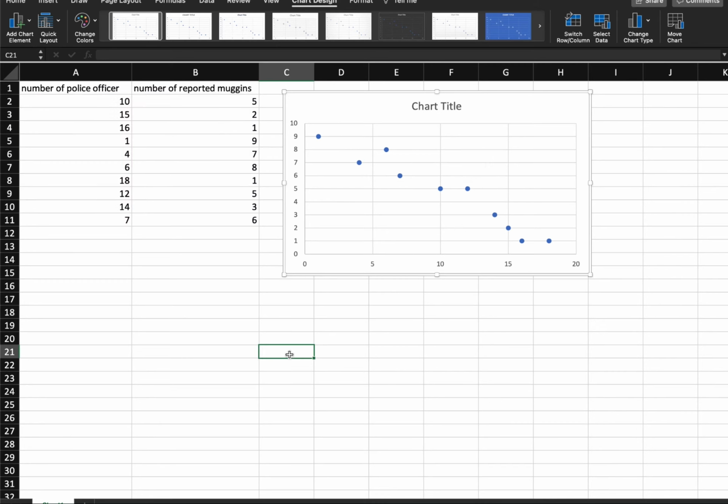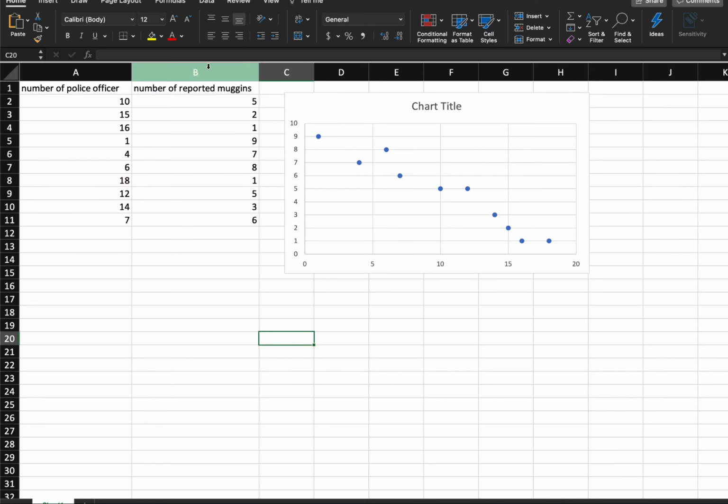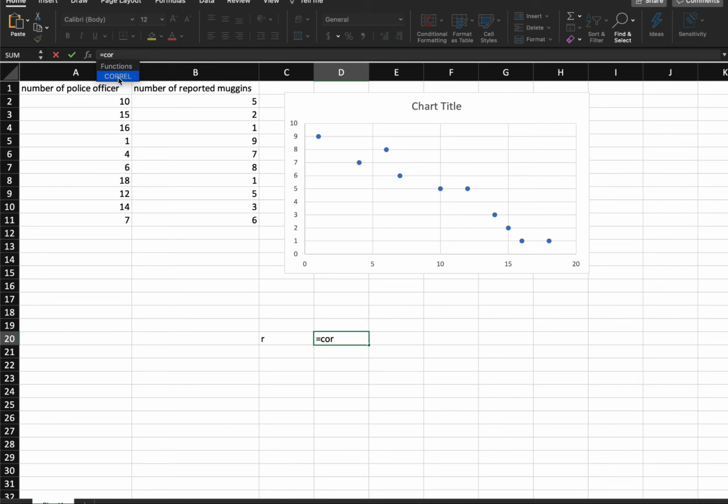Cool. Now we actually want to compute our correlation coefficient R. So let's write it here. If you remember, this is going to be equal to, we have to use this function called CORREL. And again, it inputs two arrays. The first array being the x values, all of this. Then you put a comma. And array 2 will be all of the y values, which is this. And then we have to close it. Now we press enter.